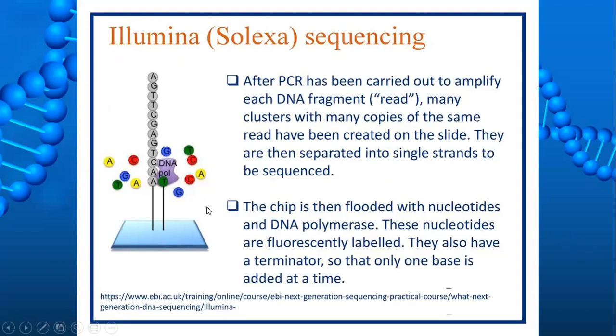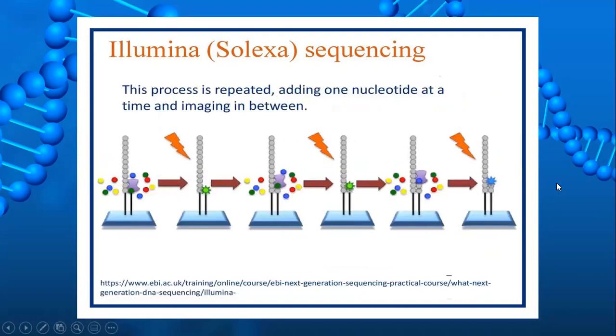They also have a terminator so that only one base is added at a time. As you can see in these images, this process is repeated, adding one nucleotide at a time and then imaging in between. The unincorporated bases are washed away.